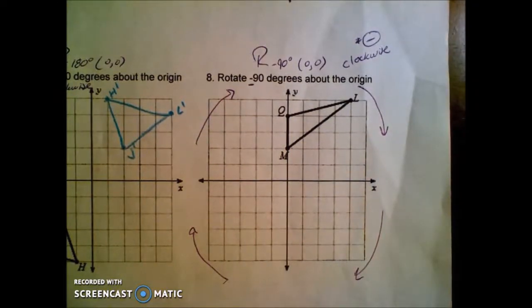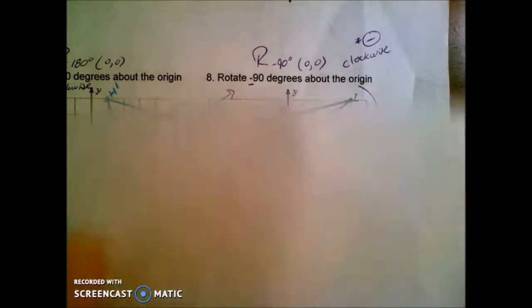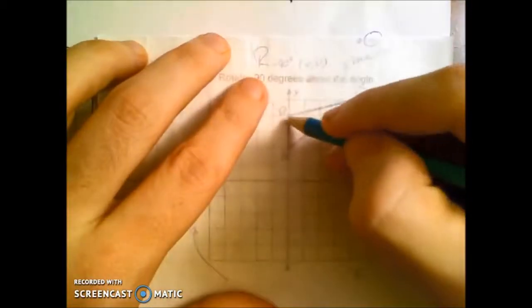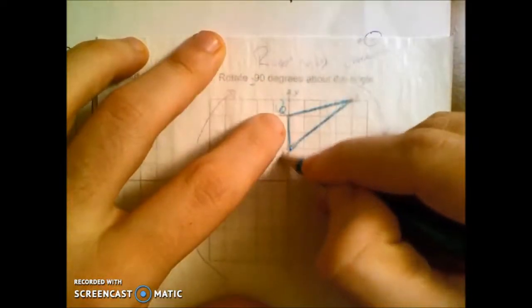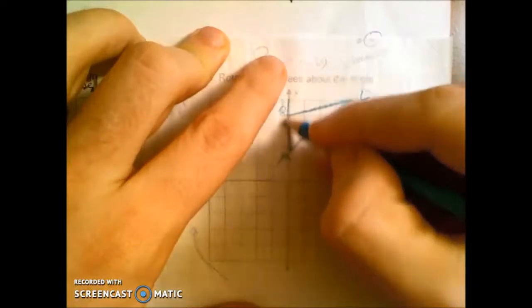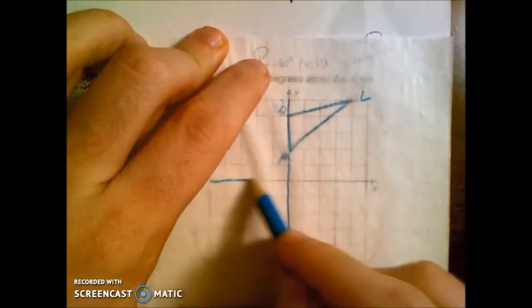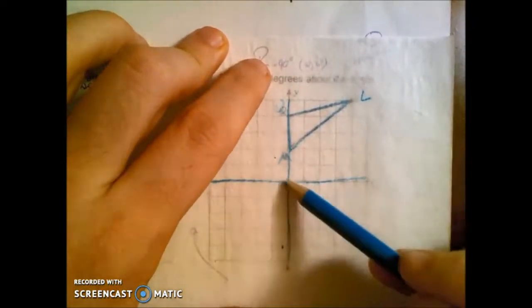So one last time, let's grab our transfer paper and get this done. So trace my pre-image. We've got Q, M, and L. Okay. Trace the axes, X and Y. Put your pencil in the middle.